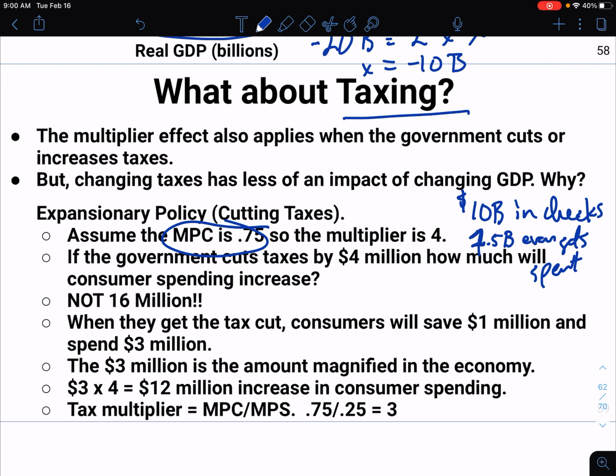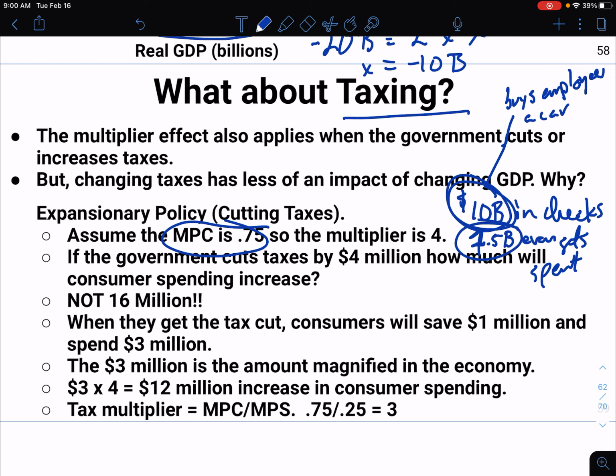Whereas if the government takes that same $10 billion and buys every government employee a car, now, I'm not saying that would be a good use of money, but then $10 billion gets spent versus $7.5 billion gets spent.